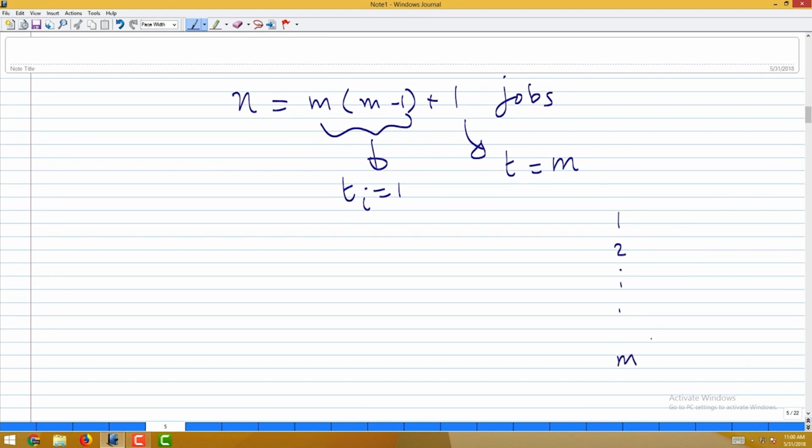It will assign m minus 1 jobs to each machine, because they all have the same load, so arbitrarily it will pick some machine and the next job and so on. All the m minus 1 into m unit jobs will go here, and then the last job which takes m units will come, and it gets arbitrarily assigned somewhere because there is a tie. So, the total makespan would be 2m minus 1.